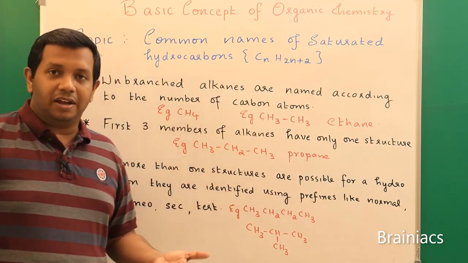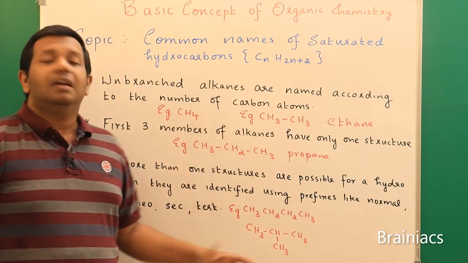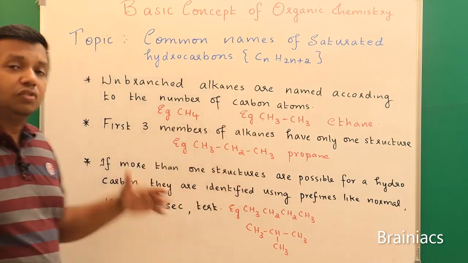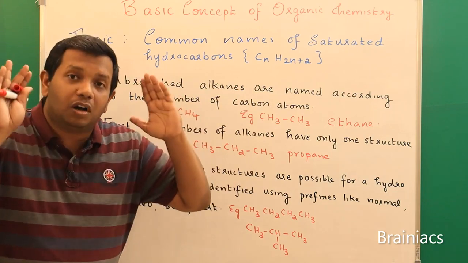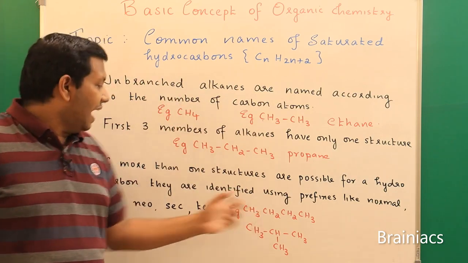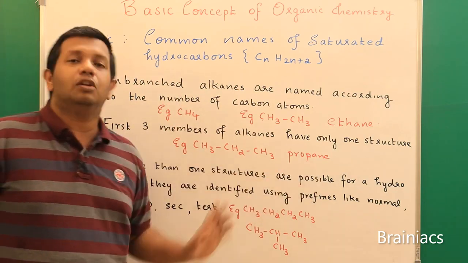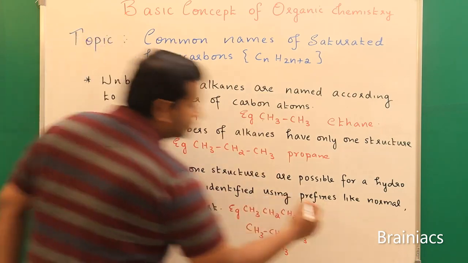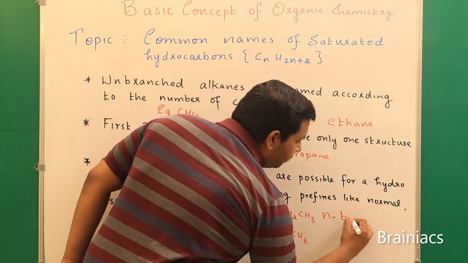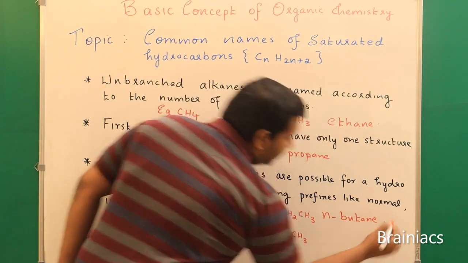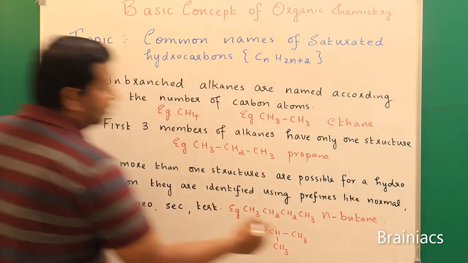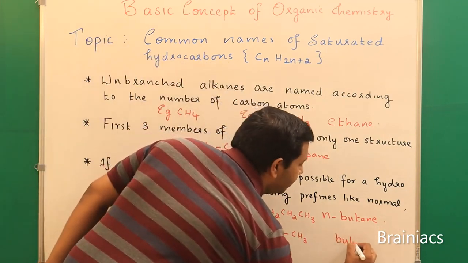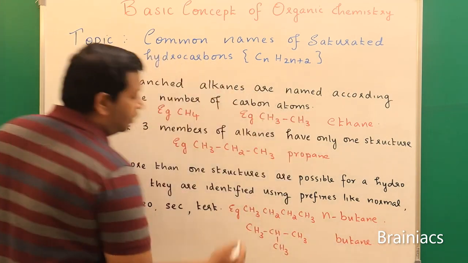So that's the reason why, in those cases, we try to distinguish, but the base name is always butane itself. We just add definite prefixes like normal. So here we say this is normal butane. The common name is normal butane. But in this case, again this is butane, but we need to add a prefix.